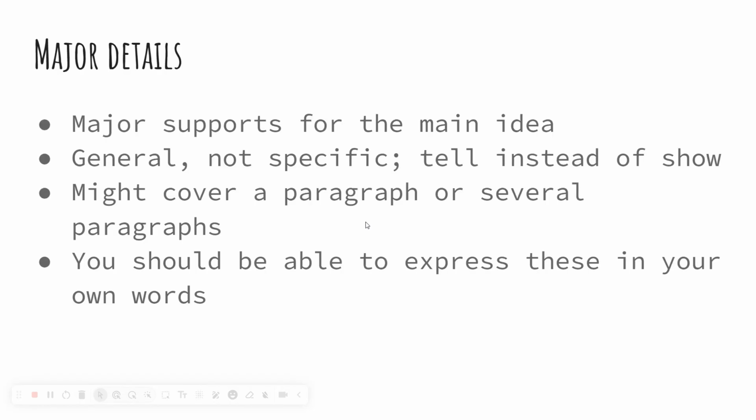They might be reasons, like if the author's making a strong claim, an argument, you might look for the reasons they believe their claim. It might be background information. It might be recommendations. There's a lot of different things that you can look for there. All right. The major details, it might be a single paragraph, but when you get into longer pieces, like the one you're reading for R2, a major detail might be covered in several paragraphs. And again, you want to be able to express these in your own words. So let's go through some ways you might do that.